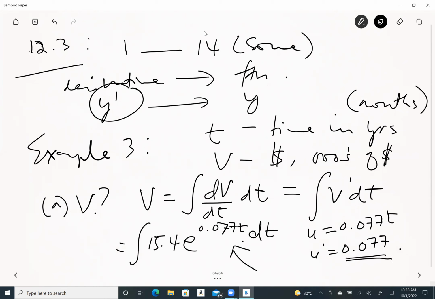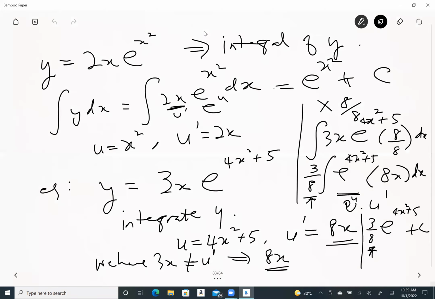That is the u prime, the constant that you need. Look at the previous example, where you have 3x, but the derivative is 8x. So how do you get 8x? Multiply by 8 over 8, and I got 8x.